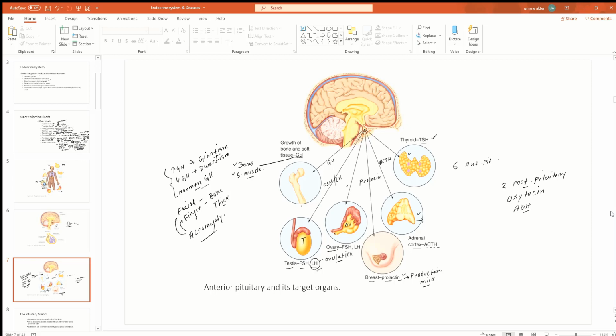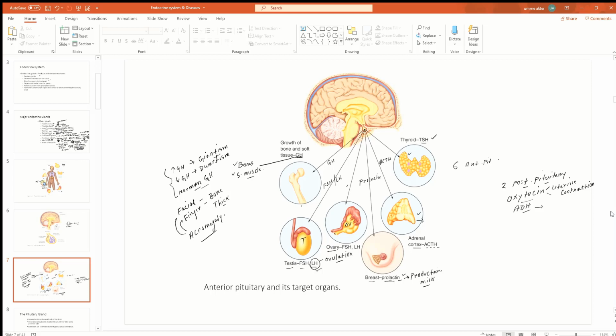Oxytocin has an important function: uterine contraction. During childbirth, contraction of the uterus occurs, right? And that uterine contraction is helped by oxytocin. So it helps in childbirth or labor.